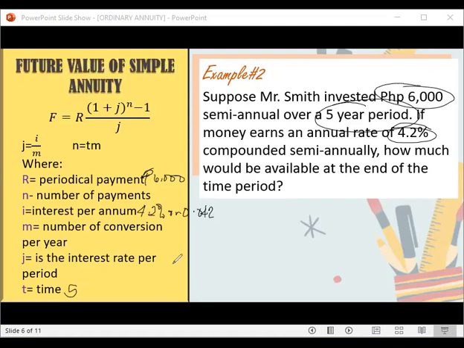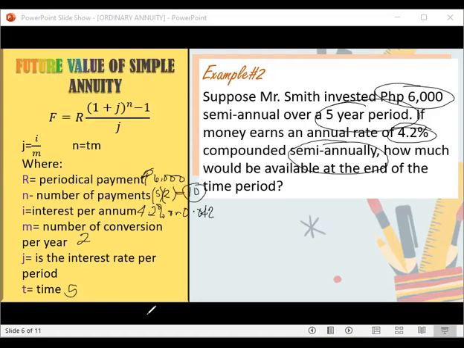0.042. Next one. So, in order for us to get the N, we multiply the T, 5 times, there, the number of conversions per year. So, it says here, compounded semi-annually. So, that means 2 times a year. So, 5 times 2 is equal to 10.